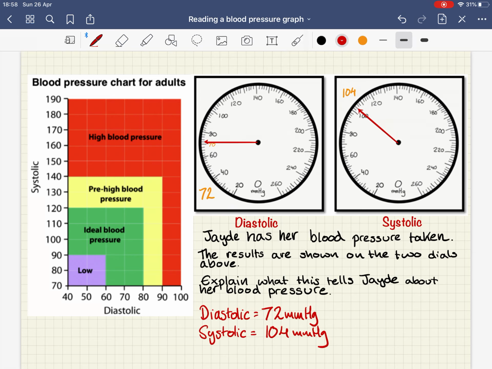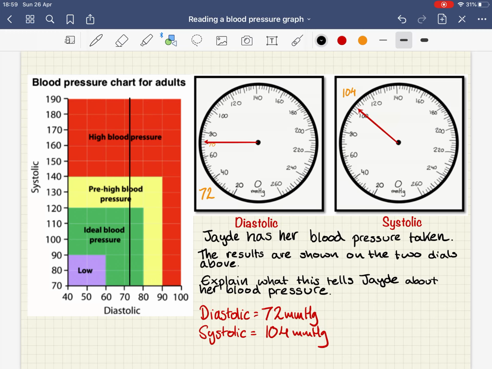And then reading from our table to the left here. To start off with, my diastolic is 72. So I look where my diastolic is. It's down here, so I'm going to be in this region. Drawing a line up. There we go, that's my diastolic line.